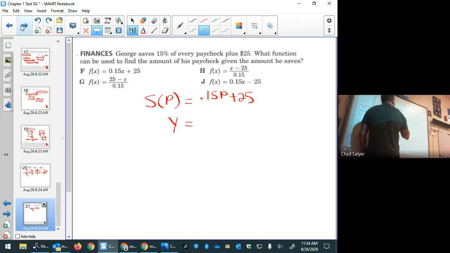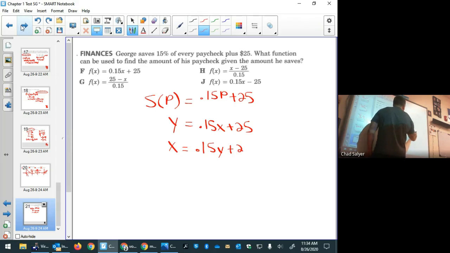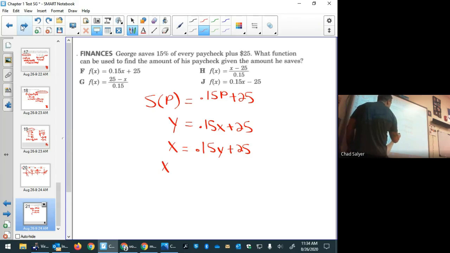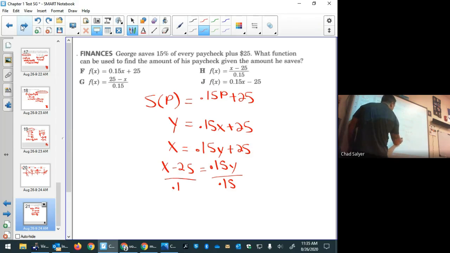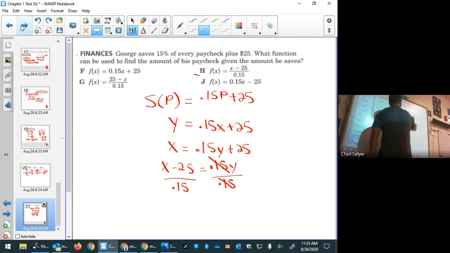So let's change s of p to y, and we'll change the variable here to x, just so it's the same as the other problems we've worked. Now we make every x y and every y an x, and we'll solve the resulting equation. So I'm going to subtract 25 from each side to get this, divide away 0.15 to get this expression, and that of course corresponds to H as in hotel.